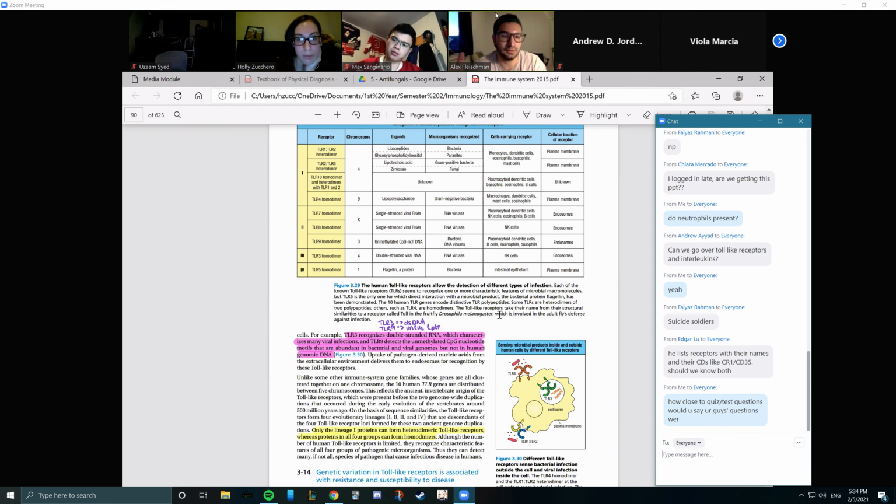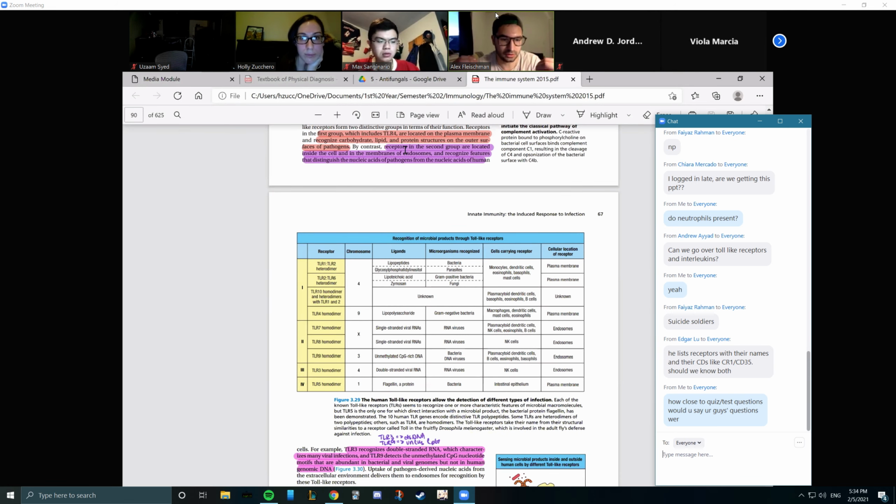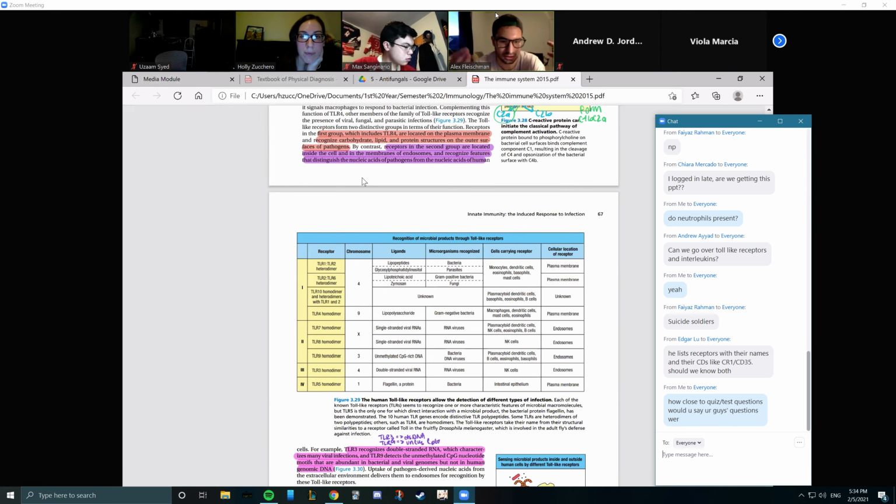If some molecule like the ligand comes along and binds to it, it's going to initiate some sort of response. You should know where it is, where it's found, and what they recognize. That's where it goes into the ligands, the actual thing that's on it.